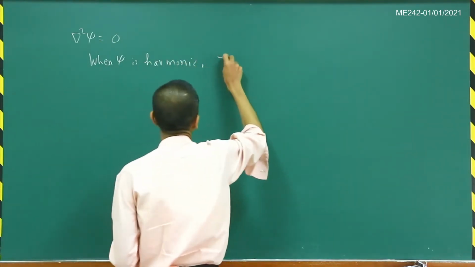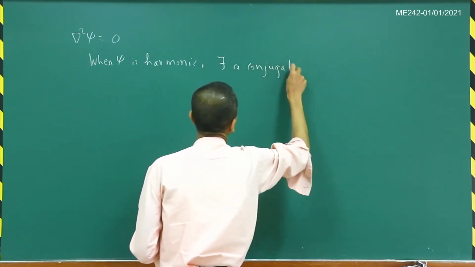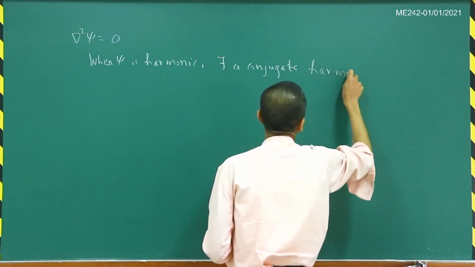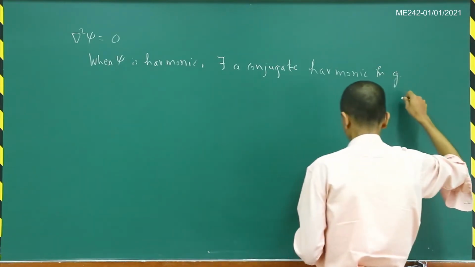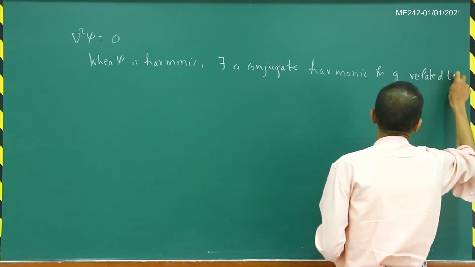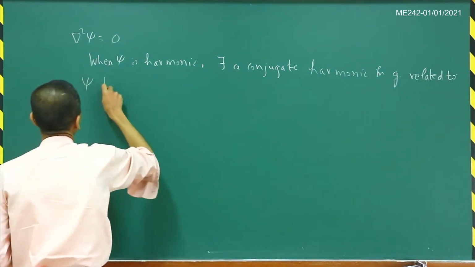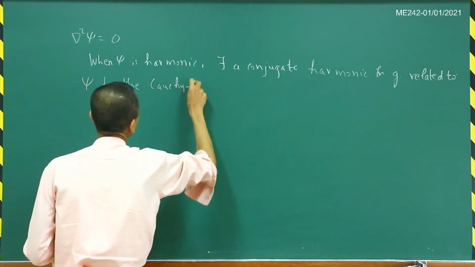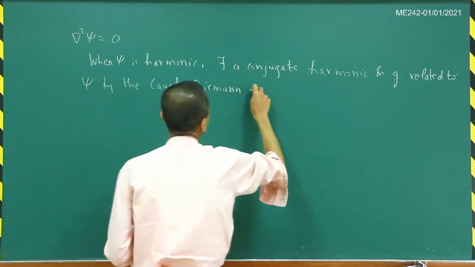there exists a conjugate harmonic function G, which is related to xi by the Cauchy-Riemann equations.